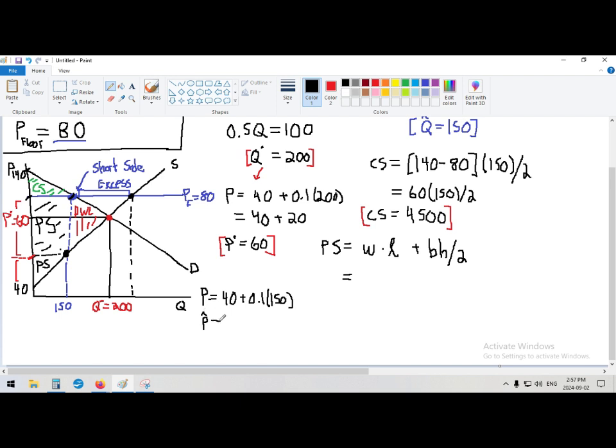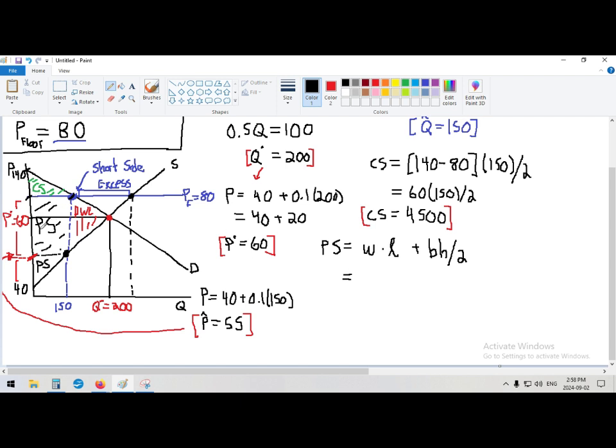So this point here, 10% of 150 is 15, so that's going to be 55. So we know this point here is going to be right there, which makes sense, it's between 60 and 40. And now we can use that to figure out the height and width of the box and triangle.